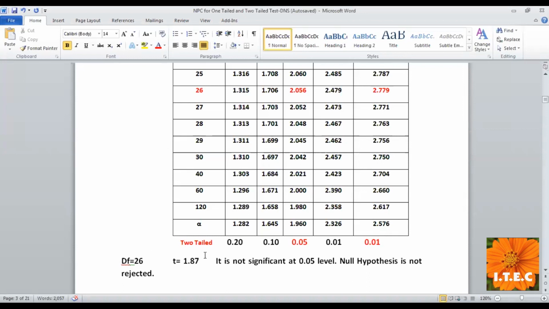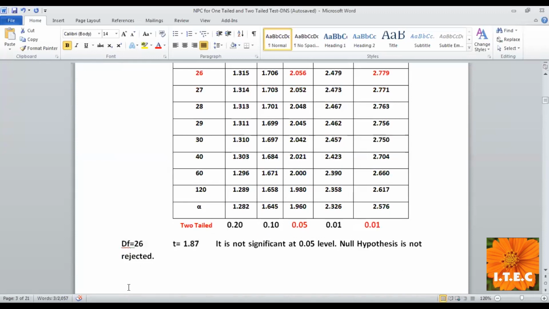Now, if you see this value at a lower level, this is the lower level, because when you go on the left-hand side, the error increases. Now, if you have to see, then what will you say? Is it significant or is it not significant? It is significant at which level?